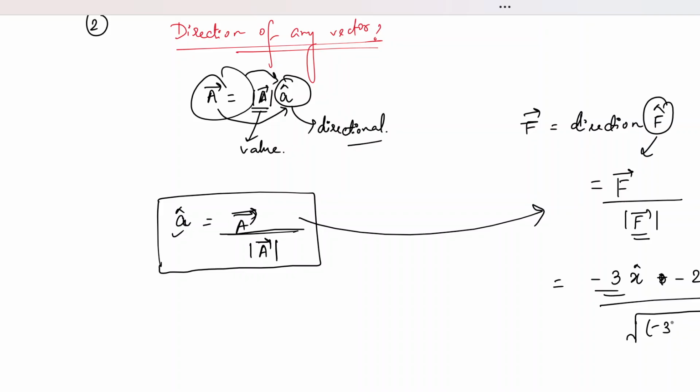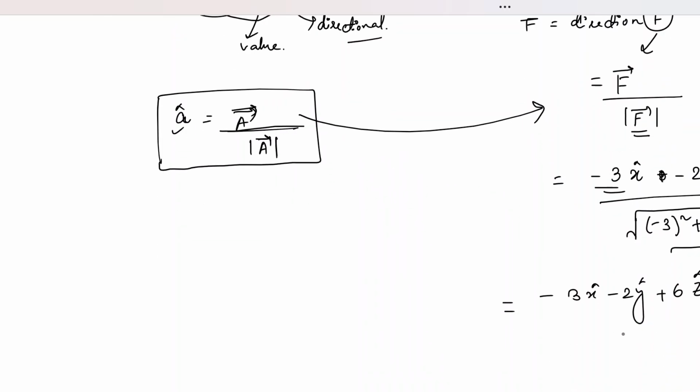Here the coefficient is minus 3, so minus 3 whole square, and you take the sum of it: minus 2 whole square plus 6 whole square, and the whole thing under the square root. If you look at this expression, what is this modulus? This is 9 plus 4 plus 36, which is root over 49. This is 7. So what you have in the denominator is 7.